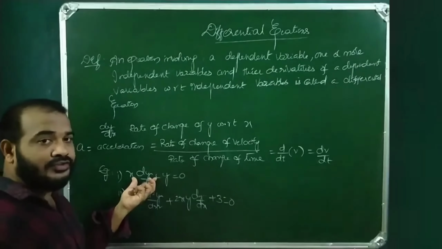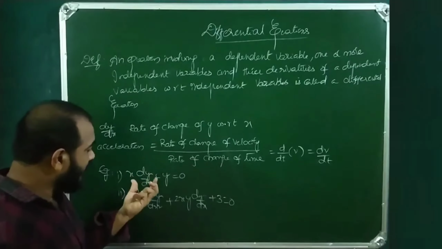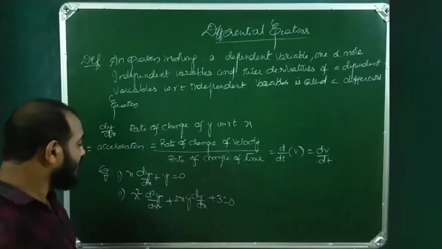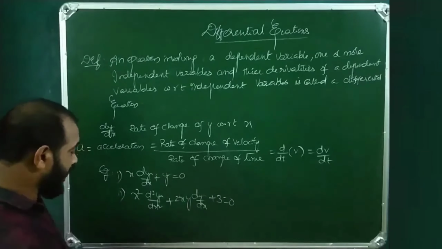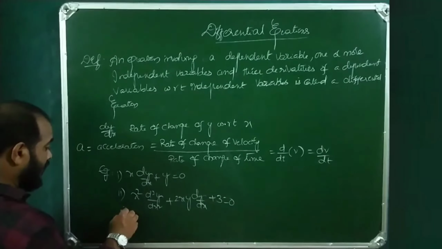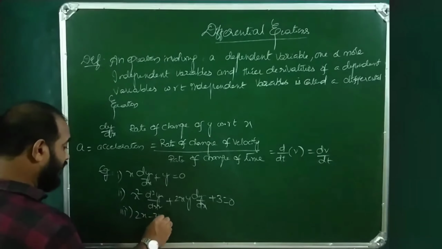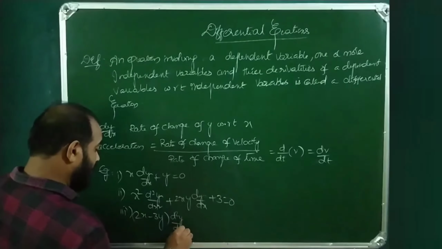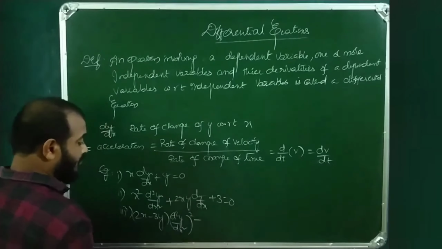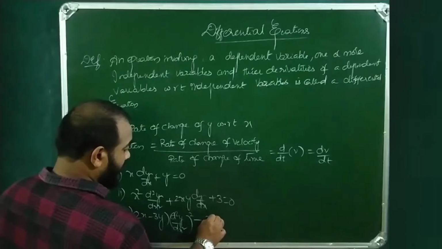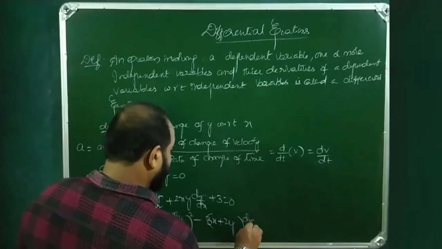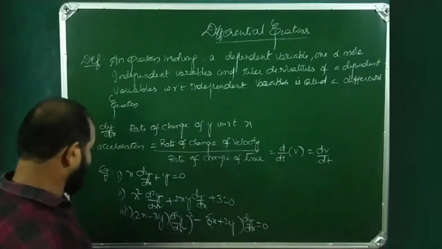dy by dx is the first order derivative, as we have studied before in the last year, intermediate first year. And the third one: 2x minus 3y (d square y by dx square) whole square minus (3x plus 2y) dy by dx equals 0.